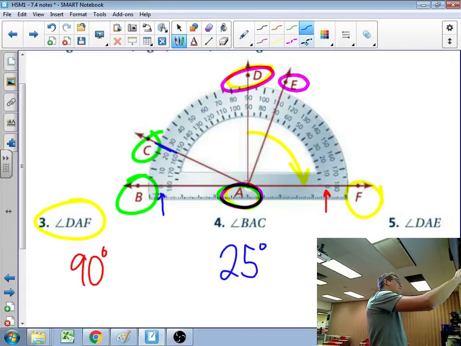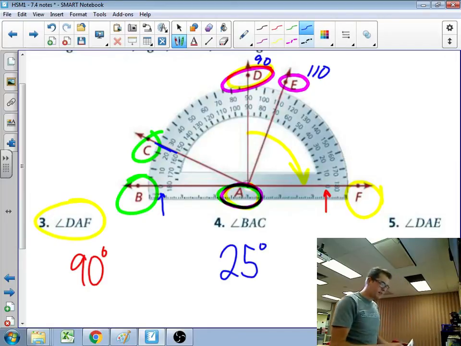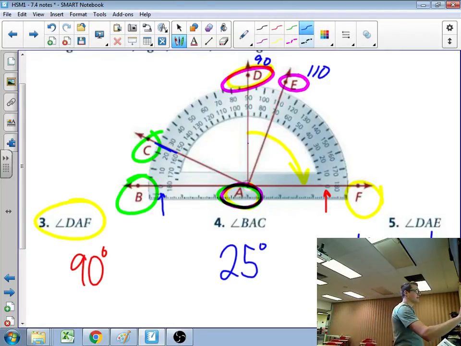So E is at 110 and D is at 90. Again, it's easiest if we do the subtraction bigger value first. So this would be the absolute value of 110 minus 90. 110 minus 90 gives me 20. I don't even need to adjust it for absolute value. It's already positive. It stays positive. So you would see that this angle right here would be 20 degrees.